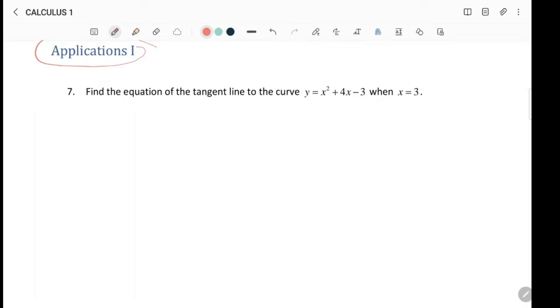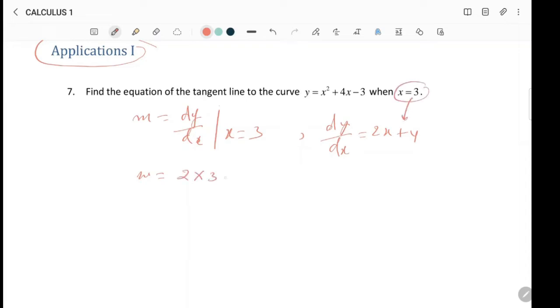For that, we need to find first the gradient, which is m, dy by dx at x equals 3. So first find dy by dx here, which is 2x plus 4.